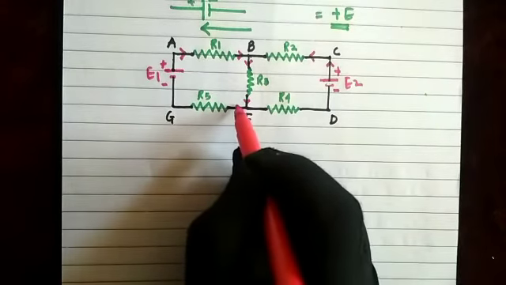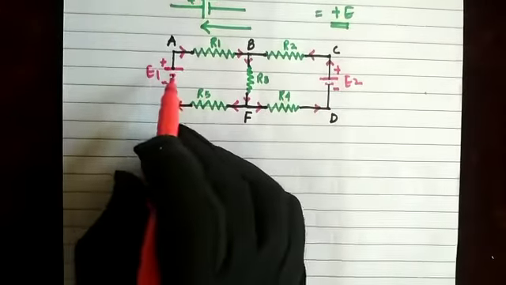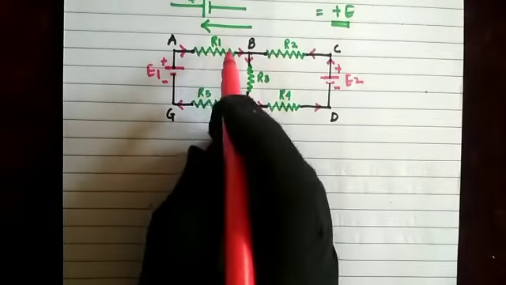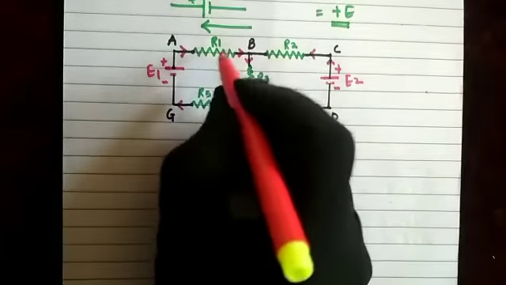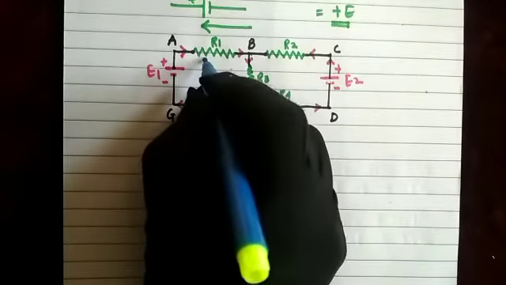Again here it is going to split. The current across the resistance R1 will be considered as I1.